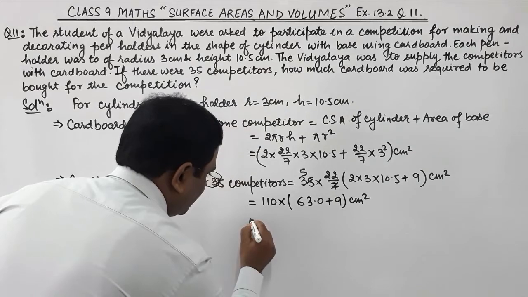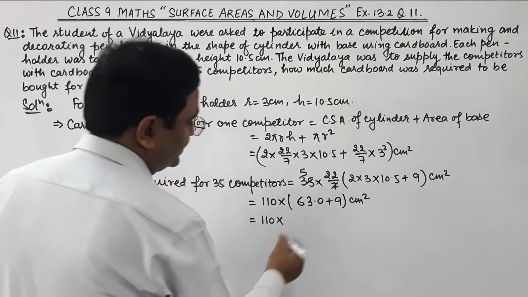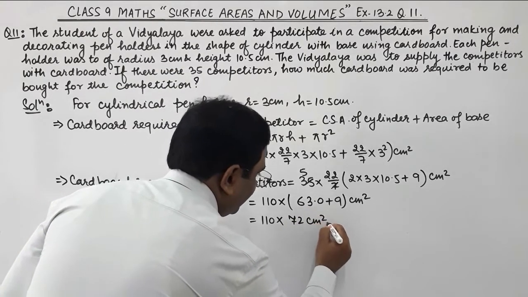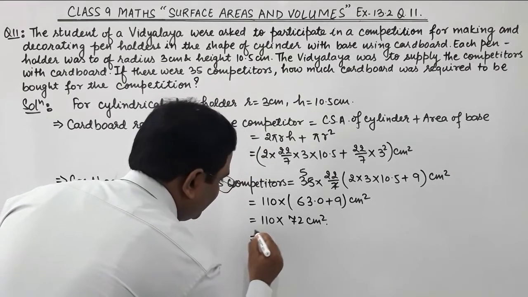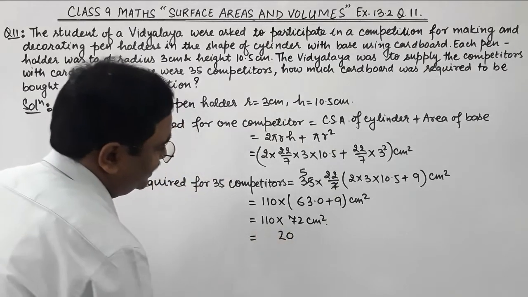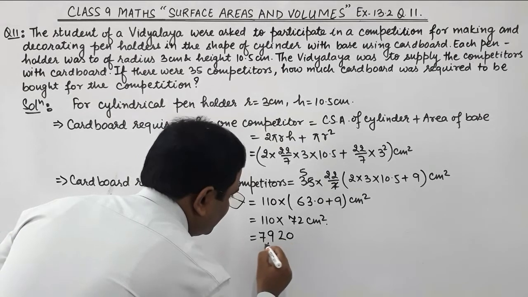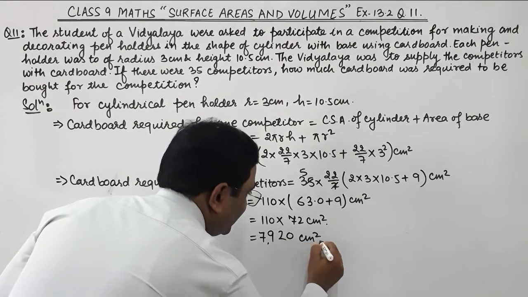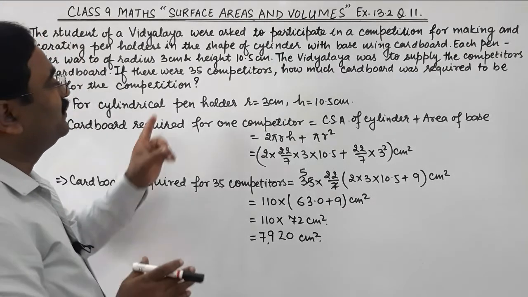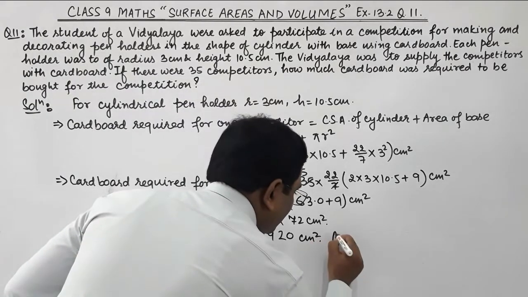Adding, we get 72 centimeter square, multiplied with 110. Simplifying, 11 7s are 77 plus 2 is 79, so 7920 centimeter square of cardboard is required for 35 competitors. This is your required answer.